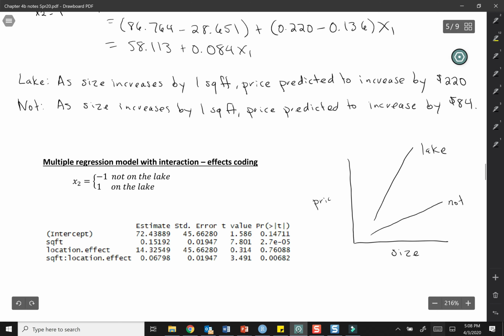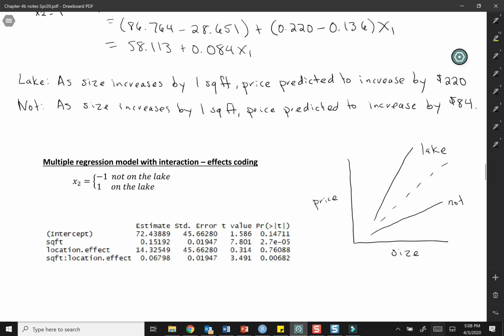So remember, effect coding works by, instead of having a baseline group, comparing everything to like a middle group. So I'm kind of trying to go in the middle here, not just with the vertical location of the line, but also with the slope.